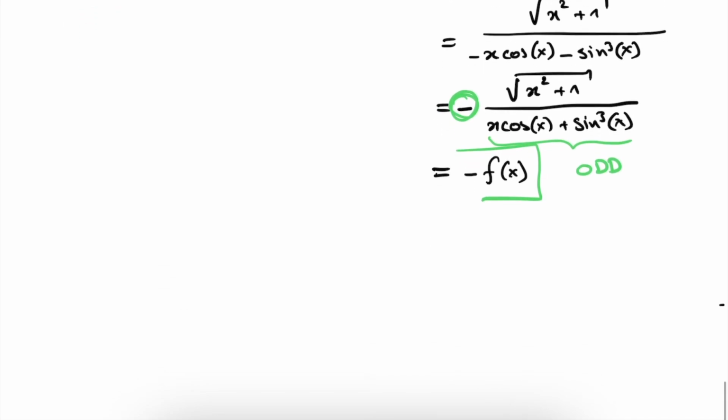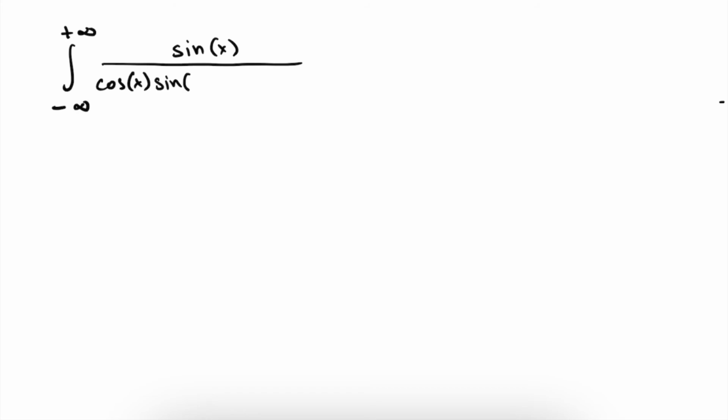So with this, let's go to the very last exercise, which is again a very difficult exercise. We integrate from minus infinity to plus infinity. The function is sine of x divided by the cosine of x times the sine of x minus x times the square root of 1 minus the cosine of x.